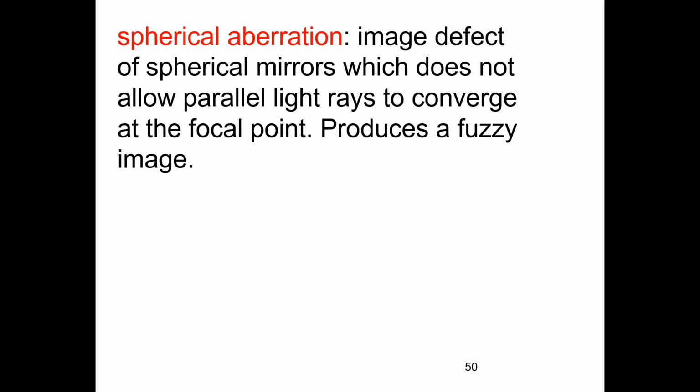That problem is called spherical aberration. It is the image defect of spherical mirrors, which does not allow parallel rays to converge at the focal point. It means images are fuzzy.